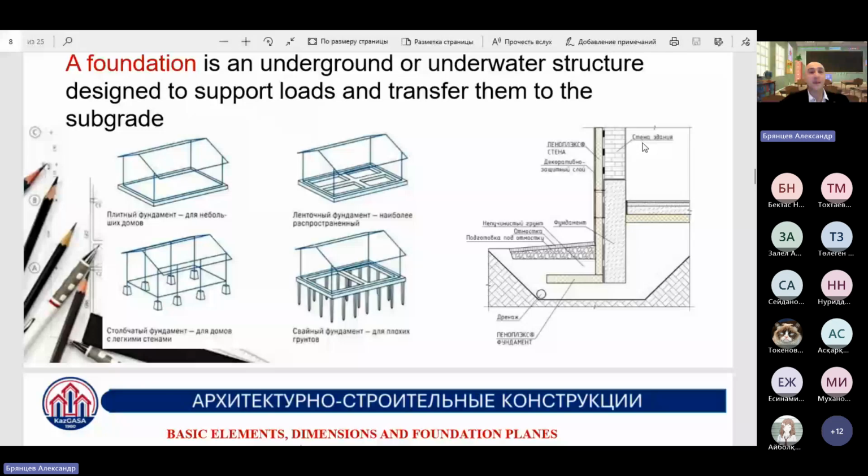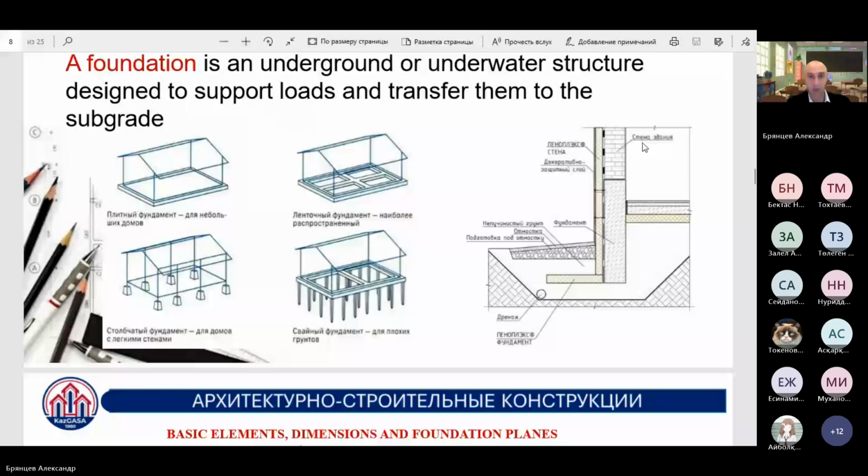And the last one is the pile foundation. It is composed of elements, piles, which are driven or drilled into the soil, and then it is able to transfer load deeper, to the harder, stronger soils located in the stratum.